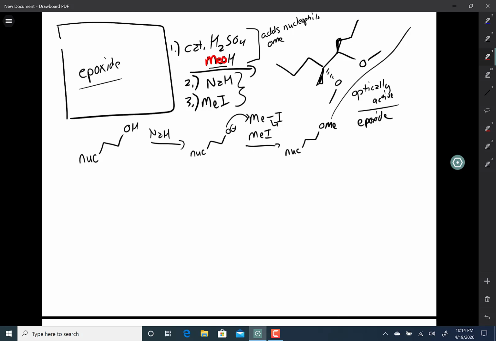So if we take a look at our two carbons, this carbon and this carbon, we compare them. This carbon is the more substituted carbon. That means this OMe group came from here. And so that means this oxygen right here is the one that comes from the epoxide.